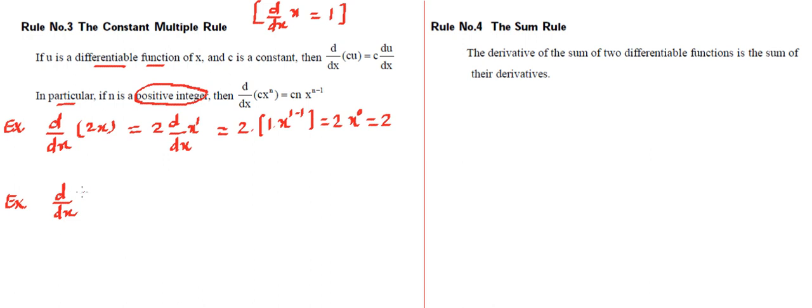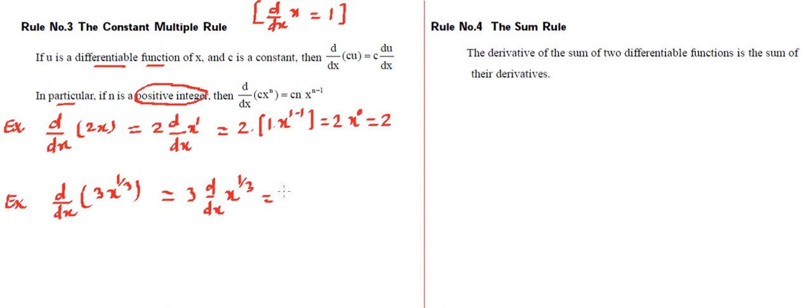Okay, so d upon dx, let's say it's written as 3 x raised to power 1 by 3. Again, as per the rule, this 3 will be taken outside, and d upon dx has to be performed on the function x raised to power 1 by 3.